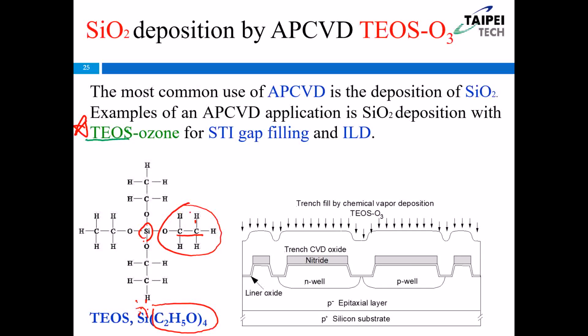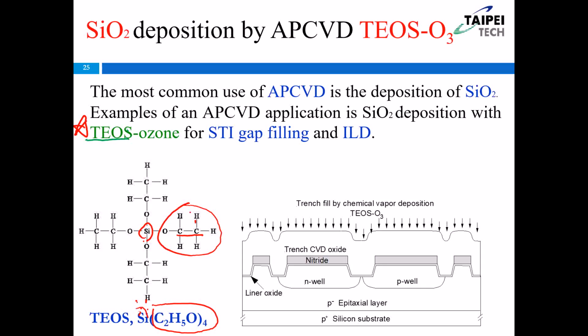This is the atomic structure for the TEOS: silicon and four C2H5O groups. Quite simple, right? This is TEOS.